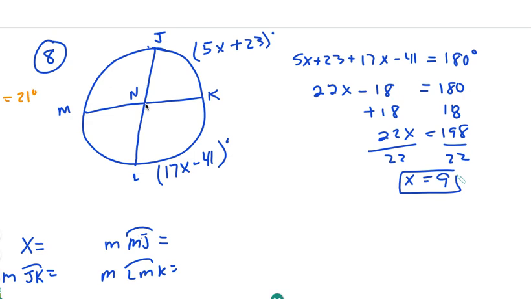Now, if I want to see the arc, the measurement of arc JK is going to be 5 times 9 plus 23, which is 45 plus 23, which is 68.